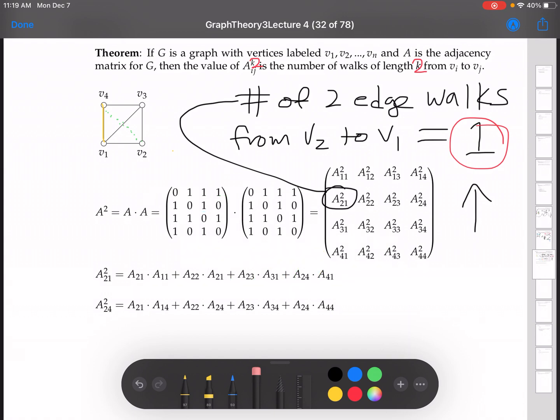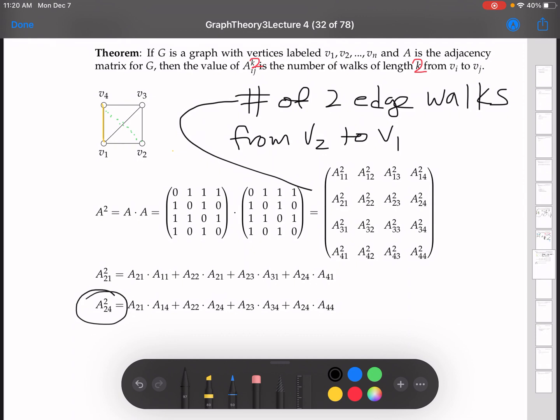Now let's look at the A squared 2, 4 entry. A squared 2, 4, that's that one. That's the number of two-edge walks from V2 to V4.